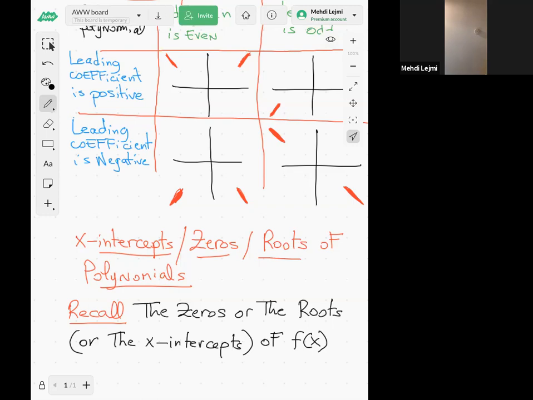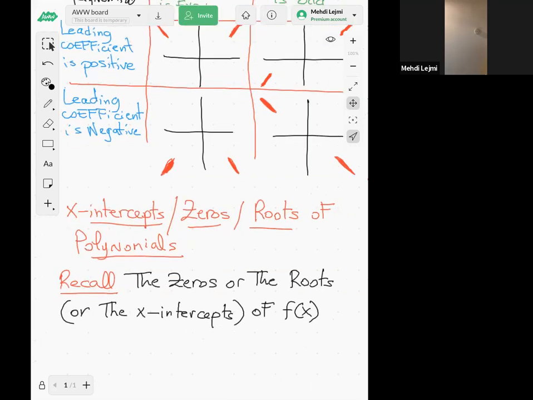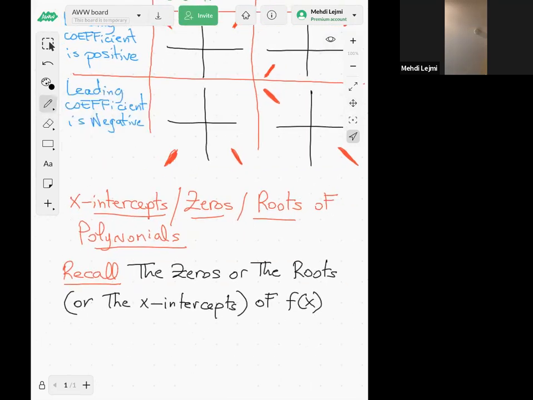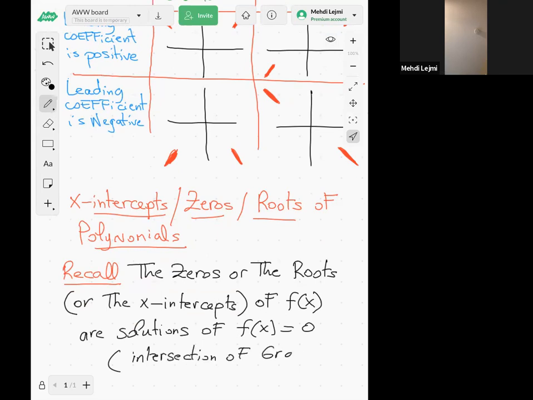That's where the graph intersects the x-axis, right? So our solutions of f of x equal to 0. Again, that's the intersection of the graph with the x-axis, right?